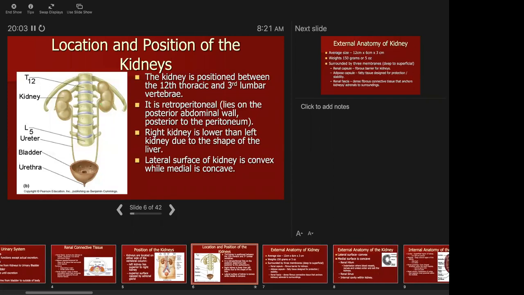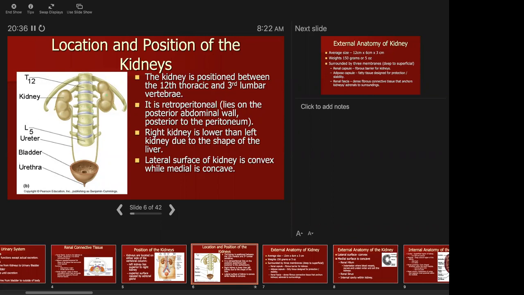Now, how do we estimate the levels of each kidney? You can see the left kidney, we say it's higher. This is T12, vertebral number 12. This is 11. This is L1, lumbar vertebra number 1, L2, L3, L4, L5. So the left kidney extends from the intervertebral disc between T11 and T12 until the lower part of L2.